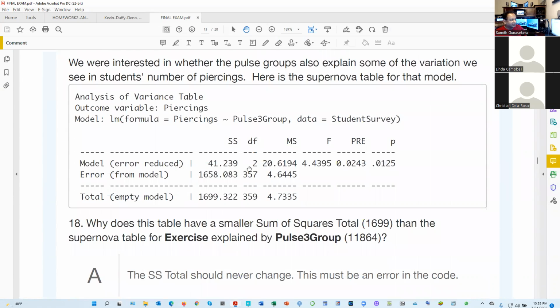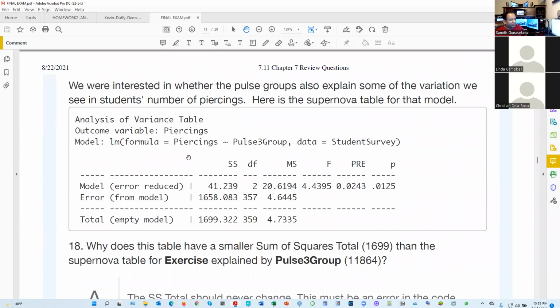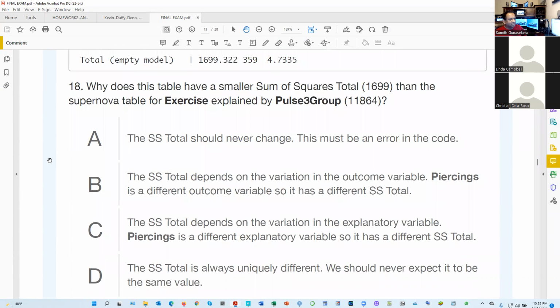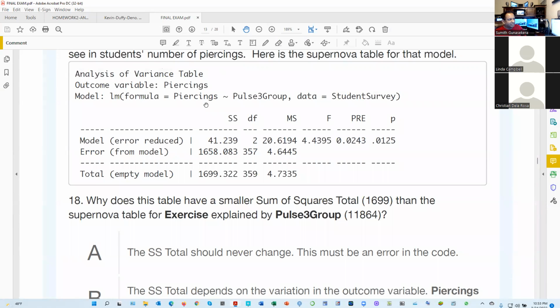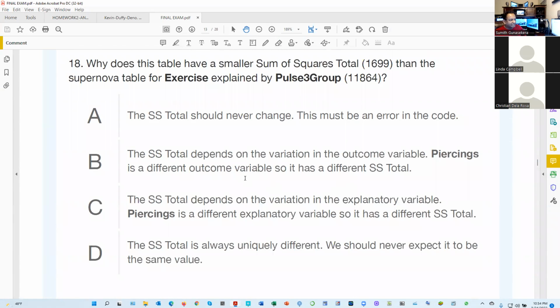Sorry, 18. Here's the supernova table again for Pearson versus the pulse 3 group. Why does this table have a smaller sum of squares total, 1699, than the supernova table for exercise explained by the pulse 3 group? Now we have a completely different one: Pearson explained by the pulse 3 group. So the answer should be 18B. The sum of squares total depends on the variation in the outcome variable. Pearson is a different outcome variable, so it has a different SS total.